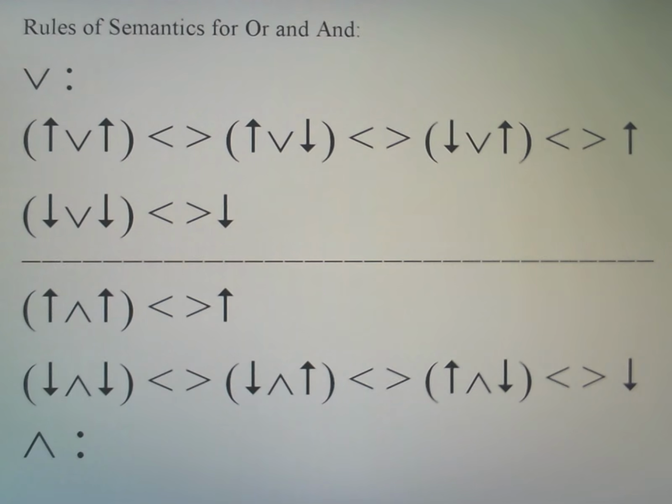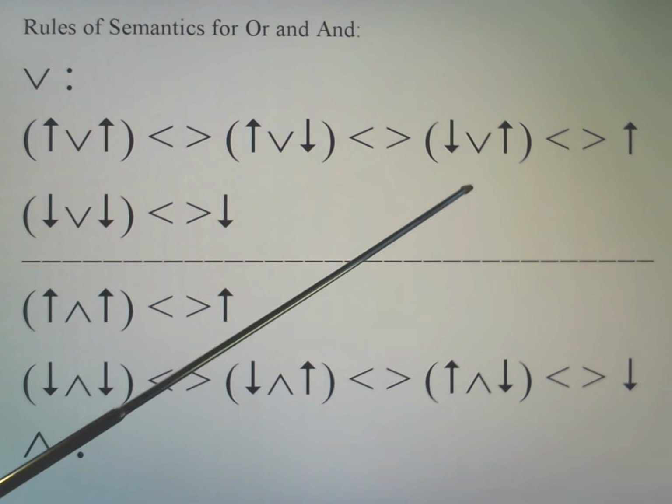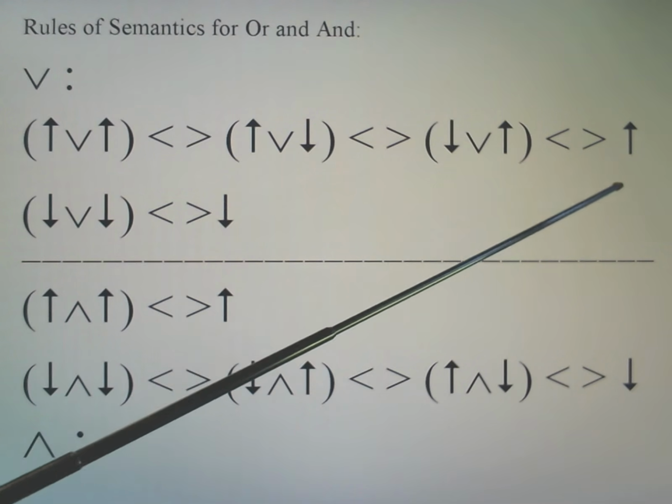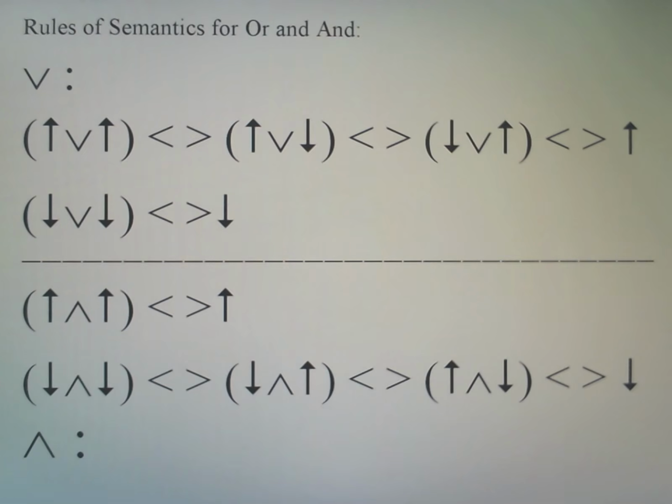So, turning to the next slide, we see on the top the semantics for or. That is to say, true or true is the same as true or false, which is the same as false or true, and all of those are the same as true. In other words, these 3 are true propositions, and only false or false gives us a false proposition.